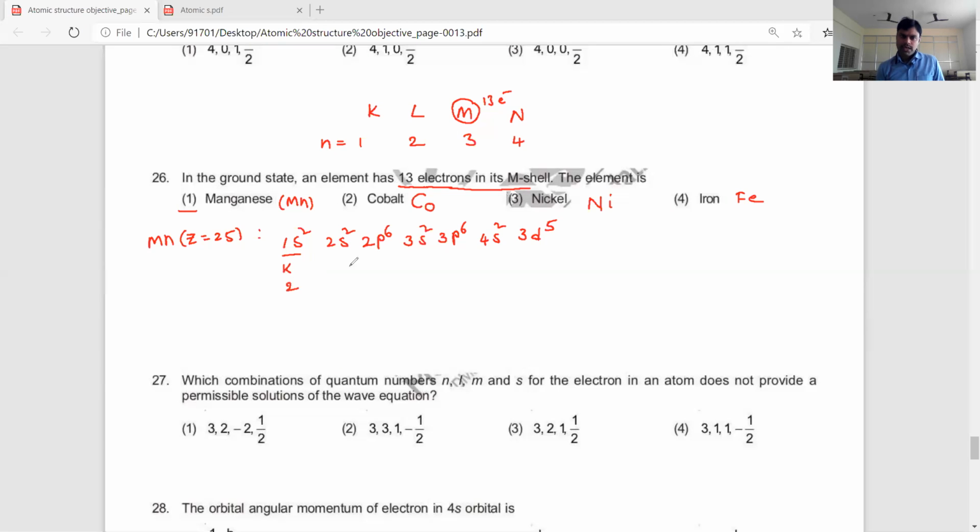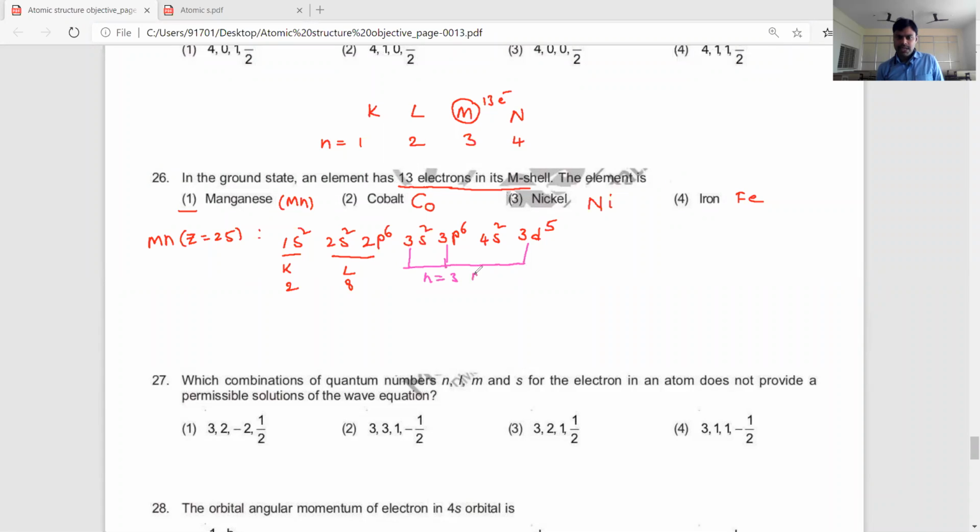See, here 1s means K shell. K shell contains 2 electrons. 2s and 2p is the second shell, L shell, which contains 8 electrons. Now the M shell is n is equal to 3.